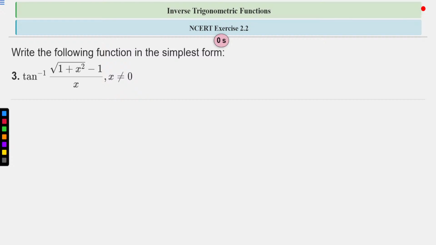Anyone? Please answer. If you all answer, the session will be full of fun, otherwise it will be boring, right? You will all try to answer the question. After that, I'll discuss the solution, right?